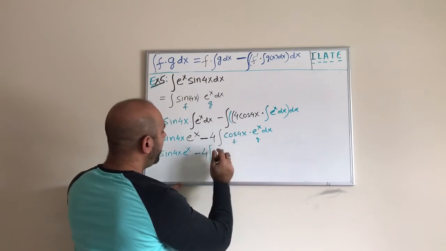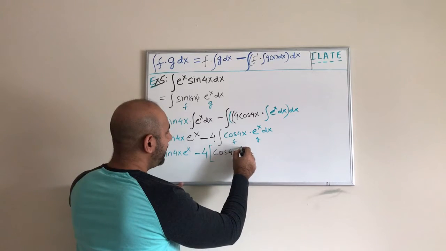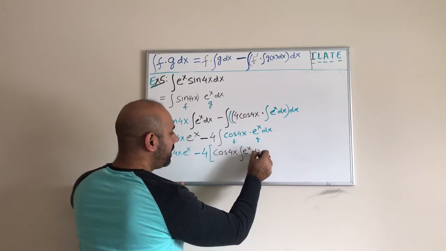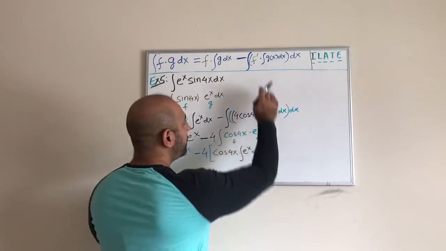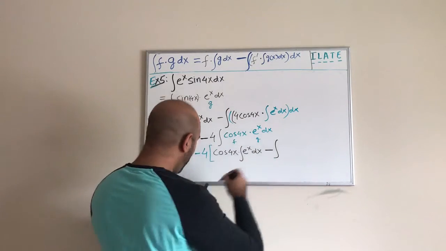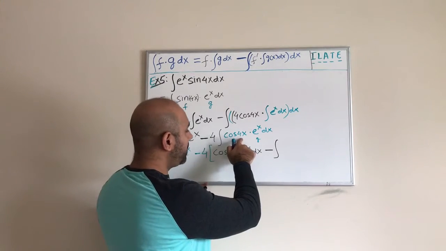So first I have the f, which I just have to rewrite, cosine of 4x, times the integral of e to the x dx, and then minus, using the formula here, the integral of the derivative of the cosine, because f is cosine 4x.